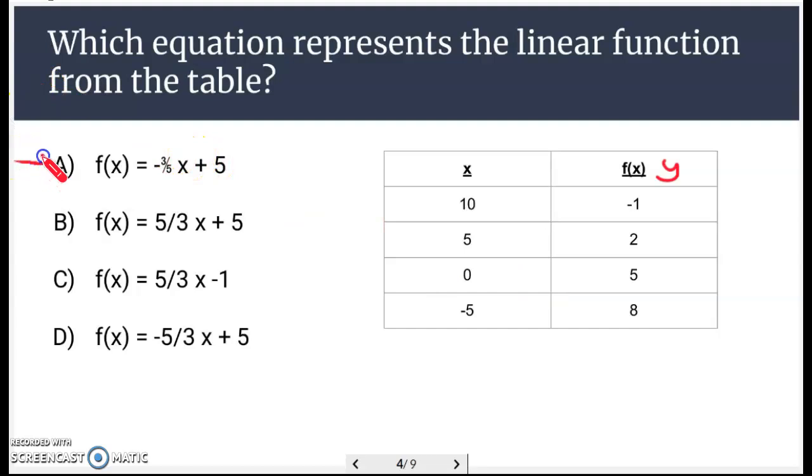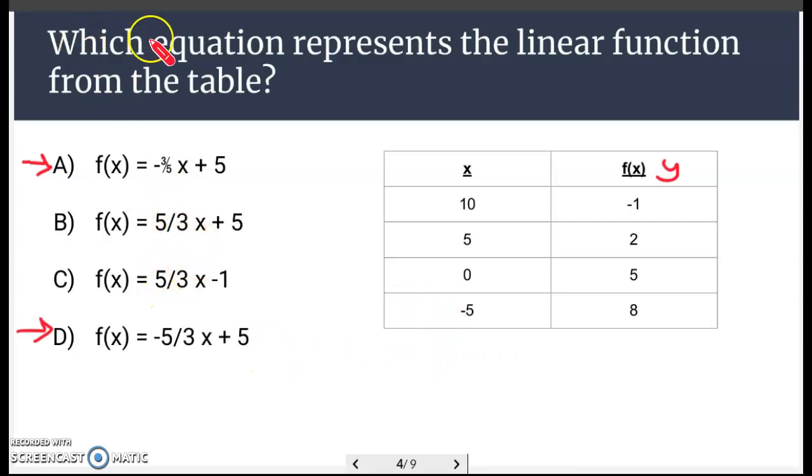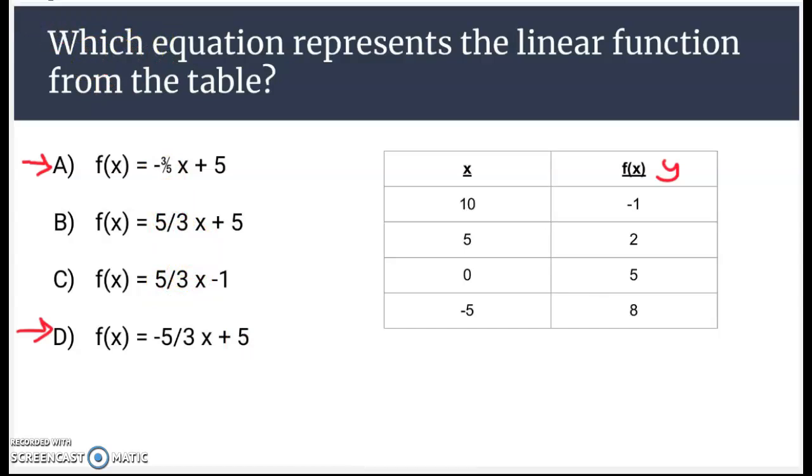So our possibilities here are A and D. Now, let's pick a couple values and see if we can figure out which function matches. Let's test D first, and let's choose this coordinate point here.